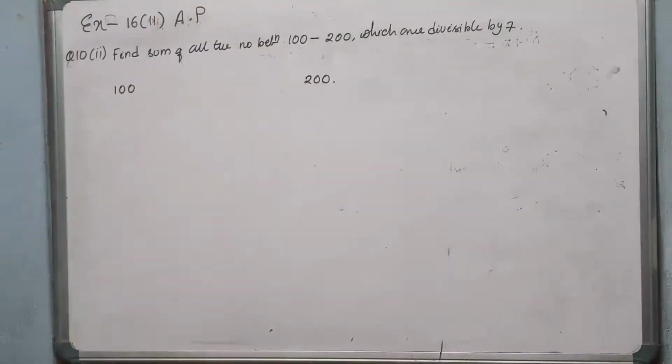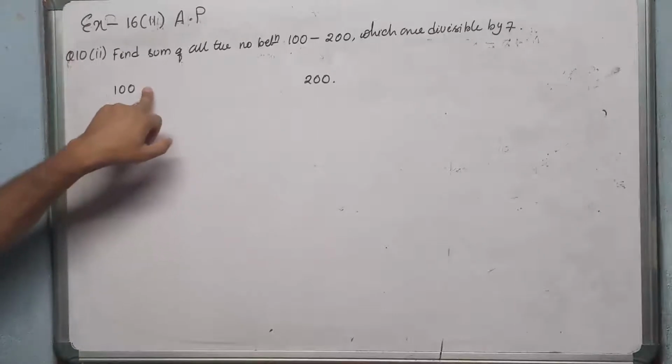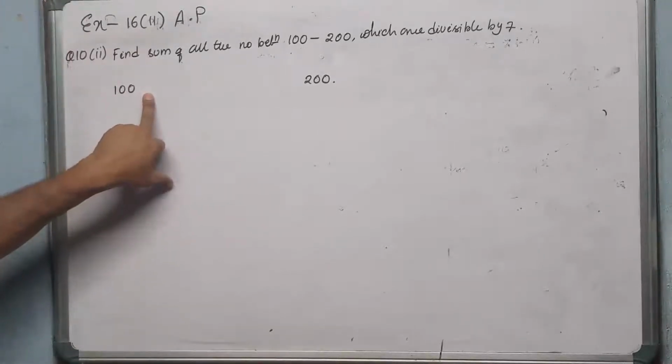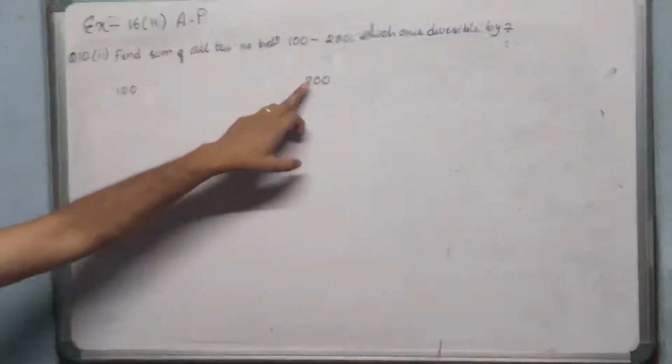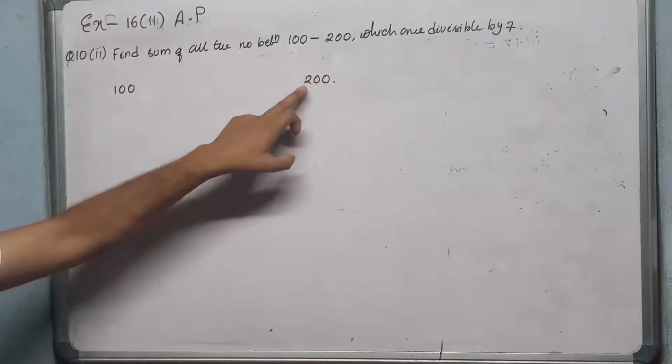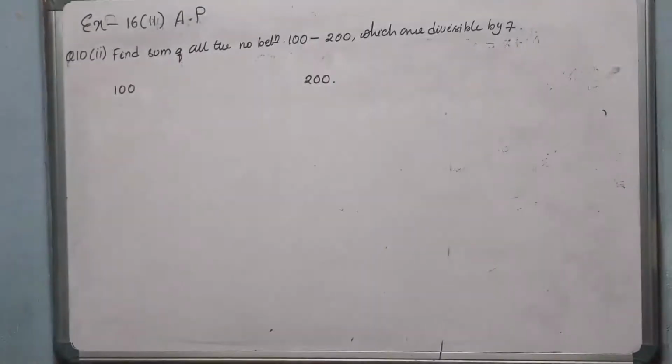Now it's very difficult to find which number is divisible by 7. We need the first number after 100 which is divisible by 7, and the last one before 200 which is divisible by 7.